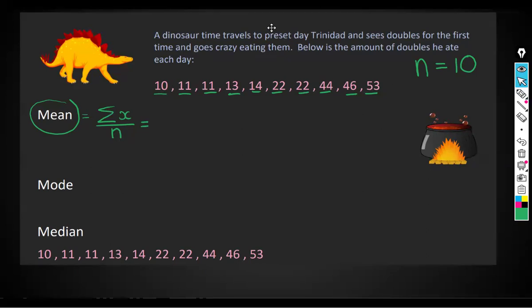When I add up all the values, I'm getting 2, 4, 6. Take your time, you might have to try twice. Like I said, it's so easy to miss a number. And then n is 10, right? So you're going to get 24.6. So the mean amount of doubles he ate was 24.6, right?